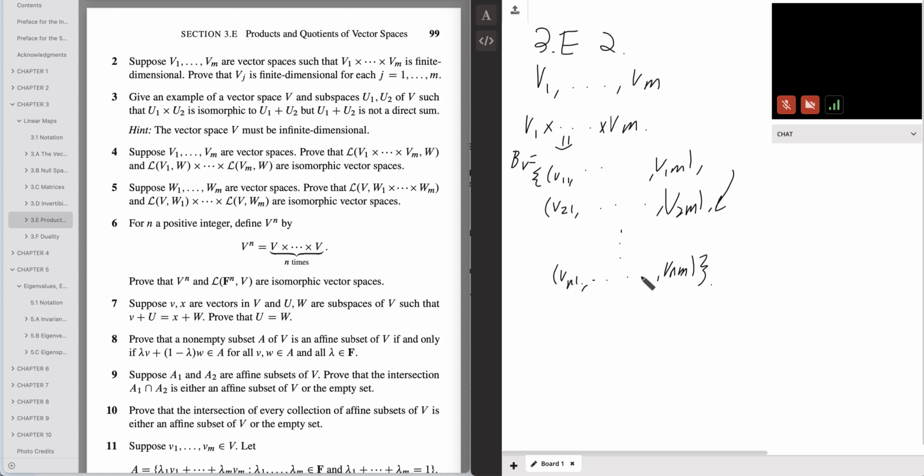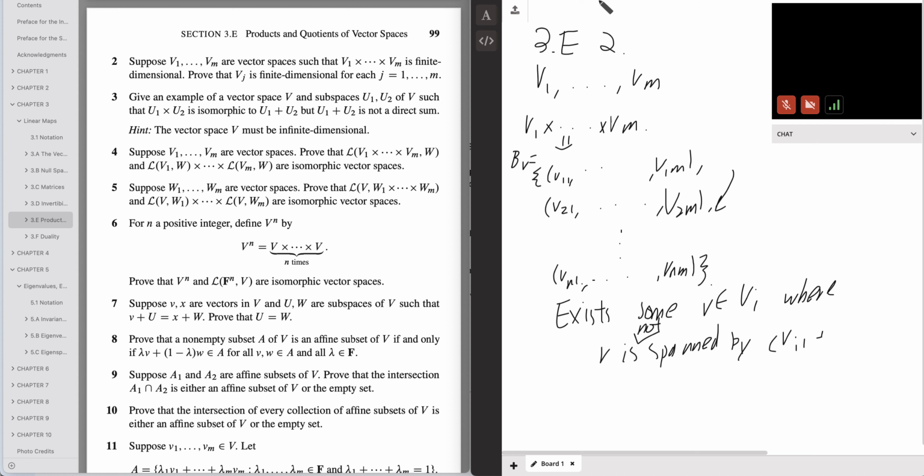But how is that? Well, let's say there exists some V in Vi where V is not spanned by C of 1i through C of Ni.